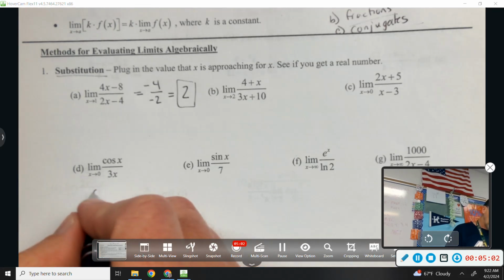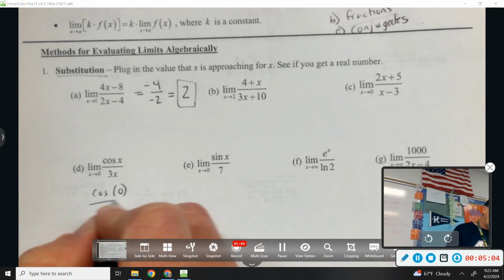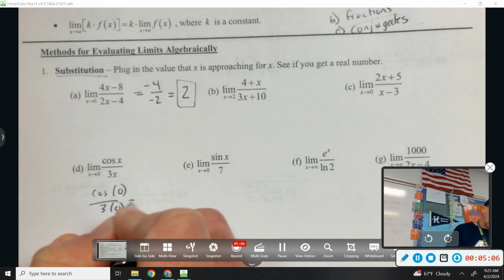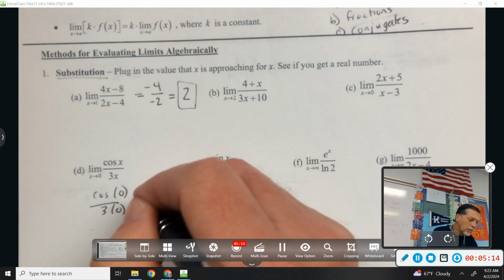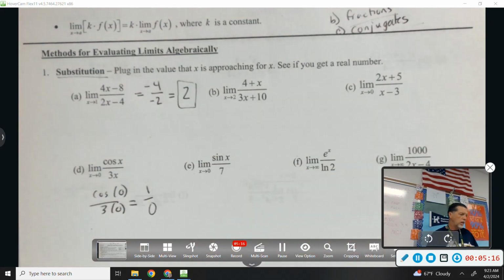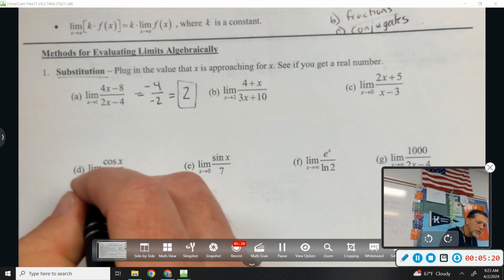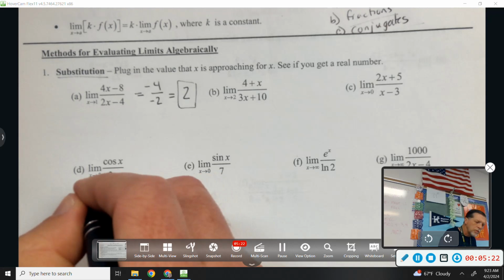Plug in 0, cosine of 0 over 3 times 0. Cosine of 0 is 1. 3 times 0 is 0. Now be careful. 1 divided by 0 doesn't work. Let's back up a little bit.